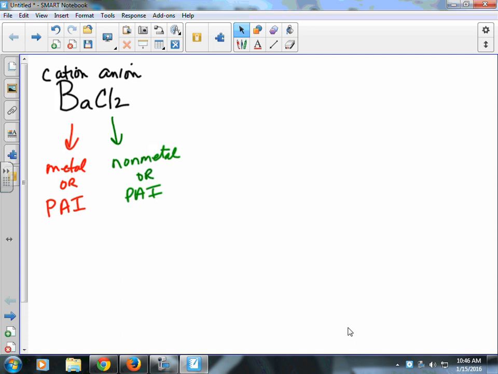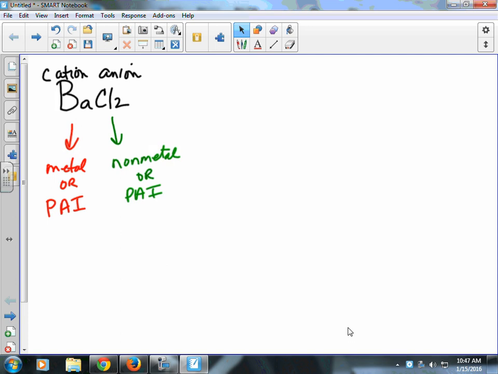It doesn't matter how many, it just matters what the name is. So that's all you put is the name. For the ionic compound, the cation, you just write the name.